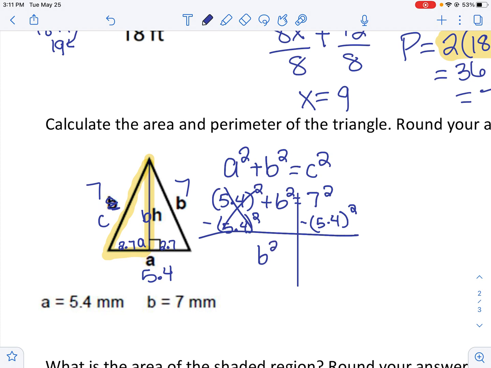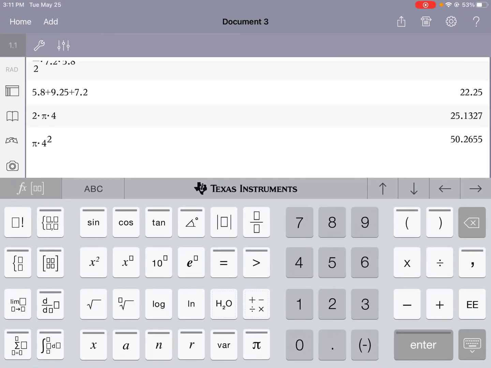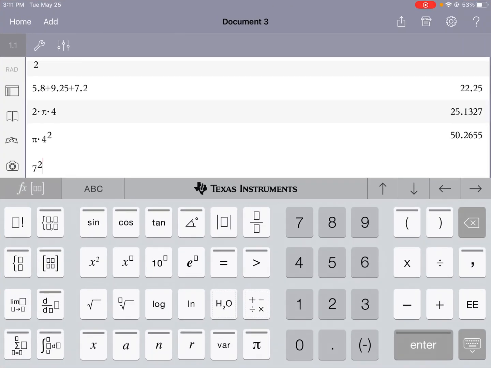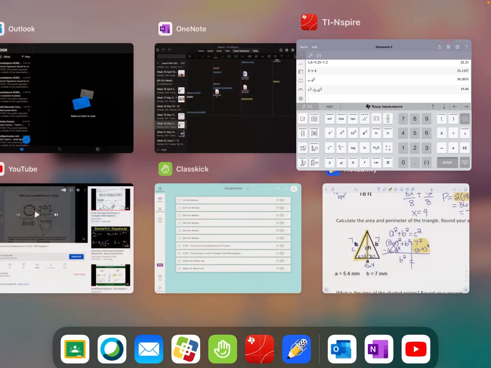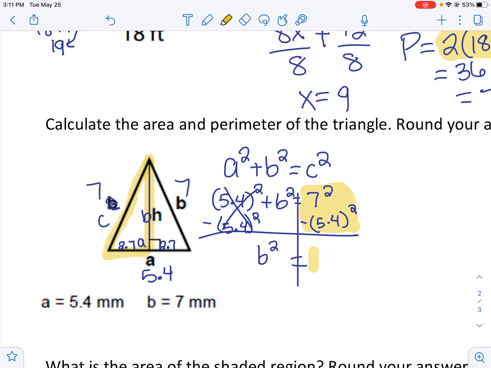Which leaves me with b squared, and I'm going to type this into my calculator. Okay, so 7 squared minus 5.4 squared. I get 19.84. Okay, to solve for b, I'm going to take the square root of both sides.